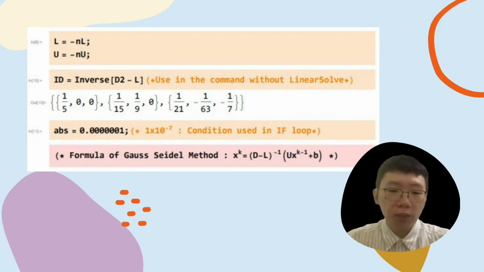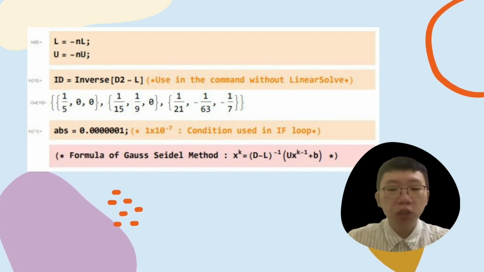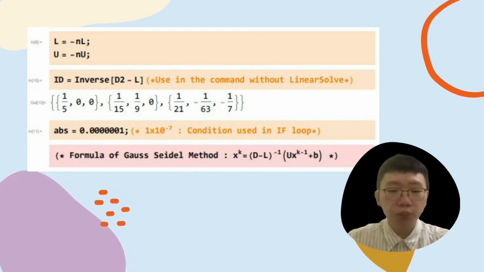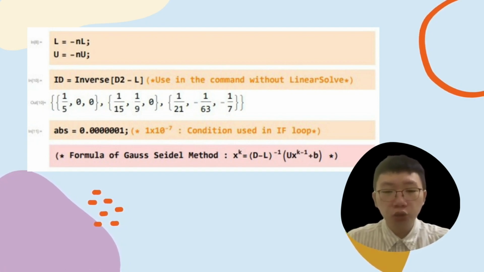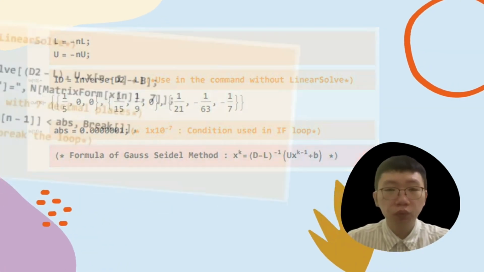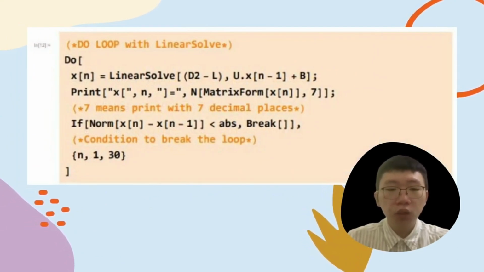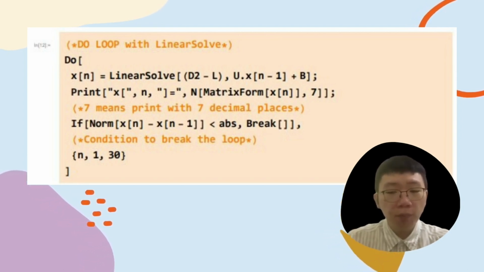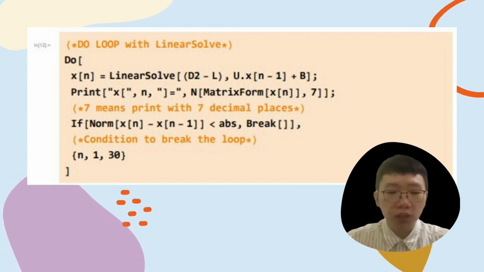We let the absolute tolerance be 1 times 10 to the power of -7, and it is the condition used in the if statement afterward. The formula of the Gauss-Seidel is shown in the pink region. Here is our do loop coding with linear solve. Take note of line 2, the number 7 after the comma means we will print out our output with 7 decimal places.